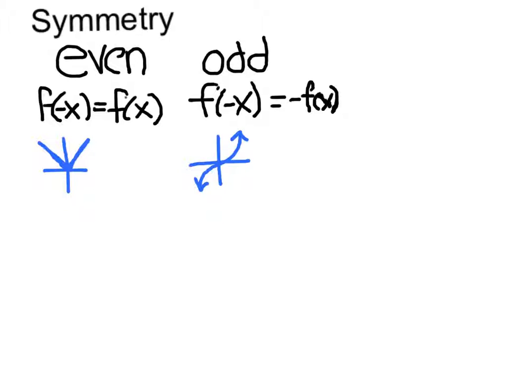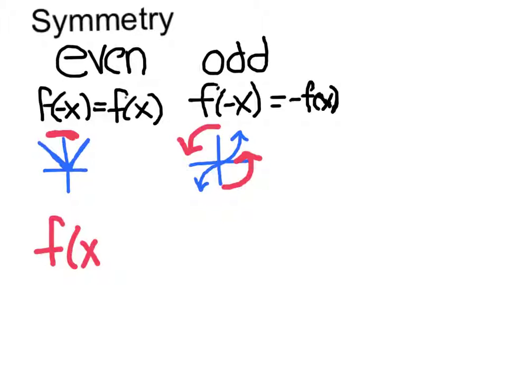So a question about symmetry is really a secret question about whether a function is even or odd. In an even function, it's symmetric across the y-axis right here, and in an odd function, it's a 180-degree rotational symmetry. But the main way you might find it is to answer this type of question.